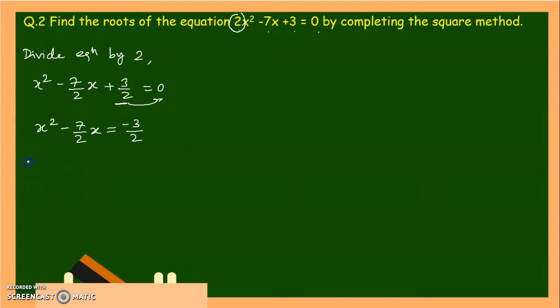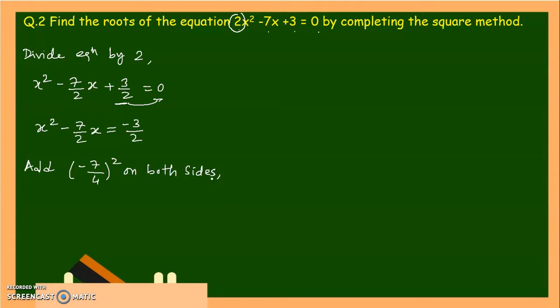Now in the third step, we will add the coefficient of x divided by 2 whole square on both sides. So your coefficient of x is minus 7 by 2, and if you divide this with 2, it will become minus 7 by 4 whole square. We will add this on both sides.